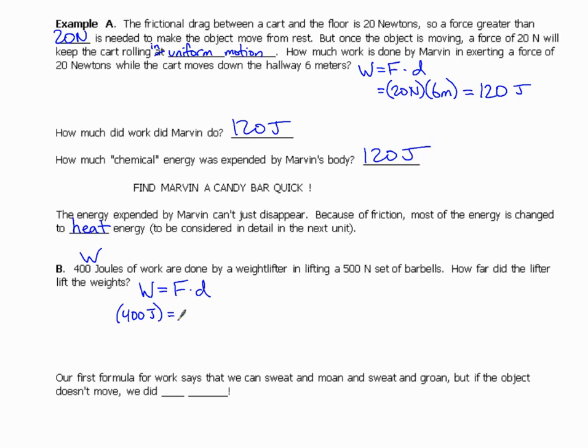And the force required to lift a 500 newton set of barbells is 500 newtons. And we want to know, how far did this lifter lift the bar? So we've got 400 divided by 500, and that tells us that the lifter moved the barbells by 0.8 meters.